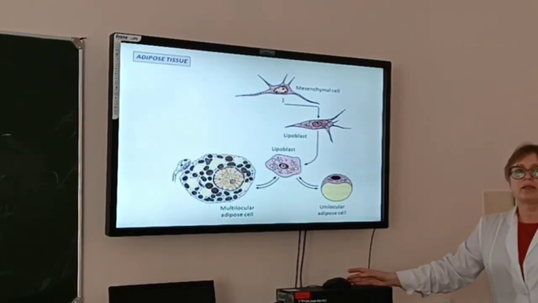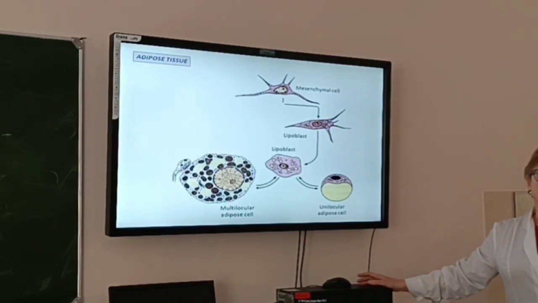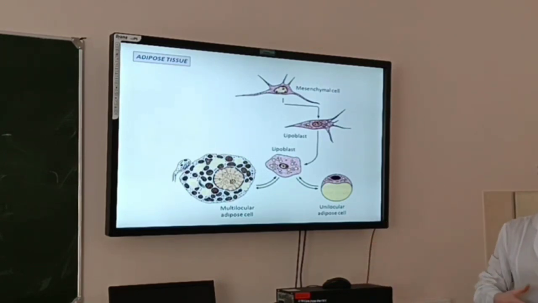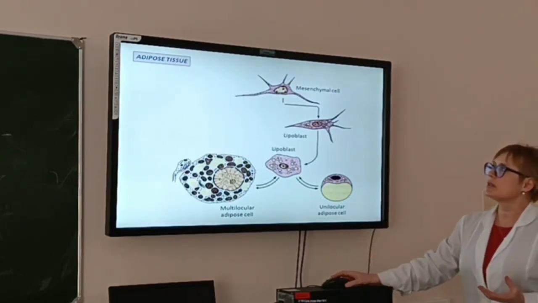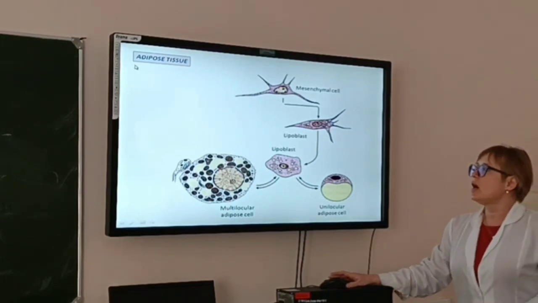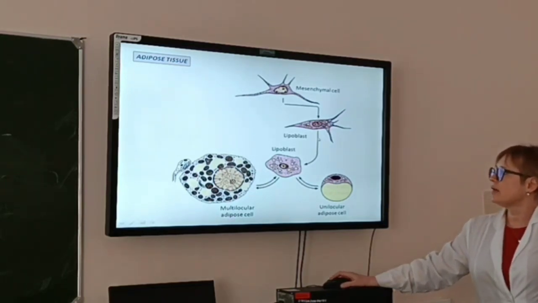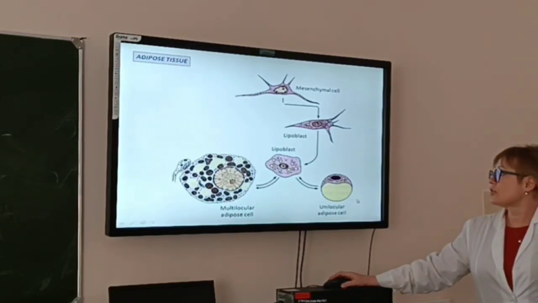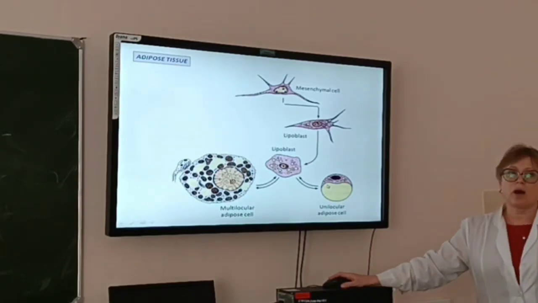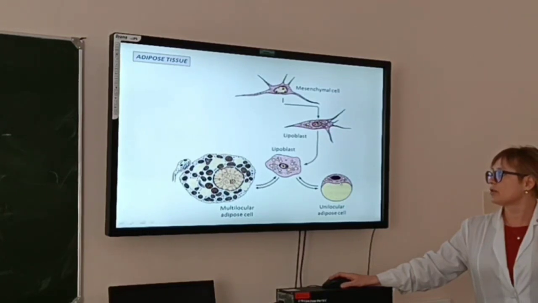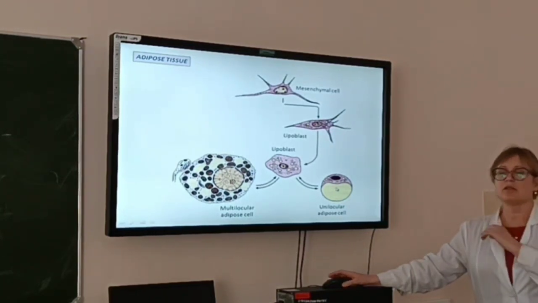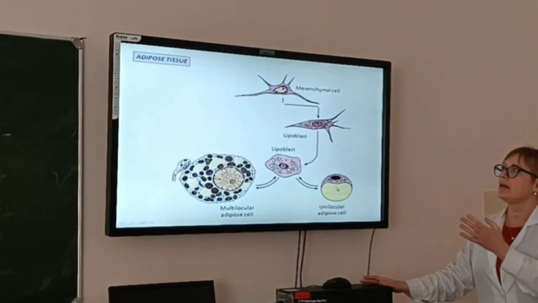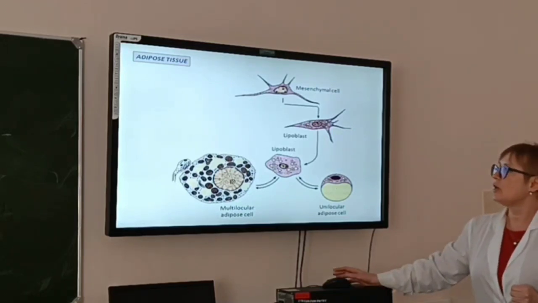Adipose tissue. Single adipose cells gathered together form the tissue that we name adipose. And in our organism we can find two types of such cells. One has one droplet of fat, and we classify such a cell as white adipose tissue.